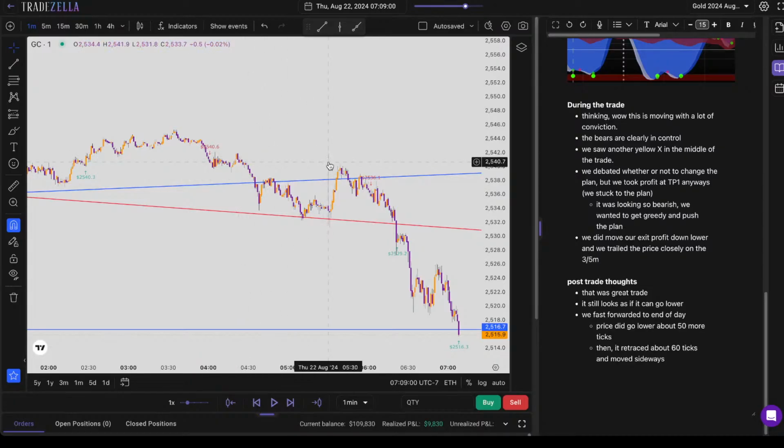Let's see, the top of this candle, 2541.9, 2542, 2541.9. So the one on the right is one tick higher. People that had their stop loss just above the purple candle there were able to get this trade.